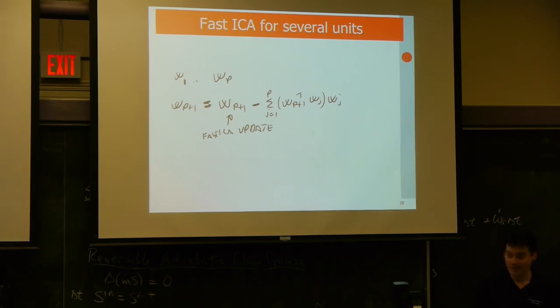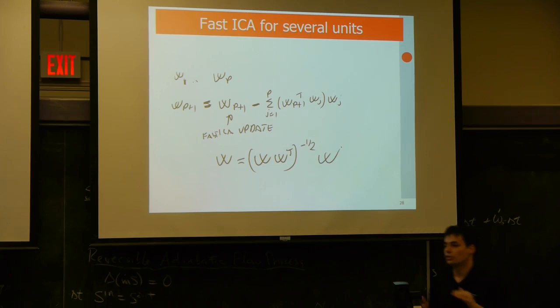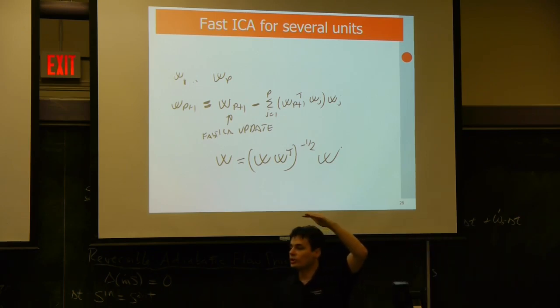Another thing you can do: the problem with that is it's not even a symmetric update, right? You go one by one, updating the components one after another. But you can do a symmetric update too, where you update your components with this first ICA update that we discussed. You do one step, and then you do a new update like this. So you update all the components, just one update with first ICA.